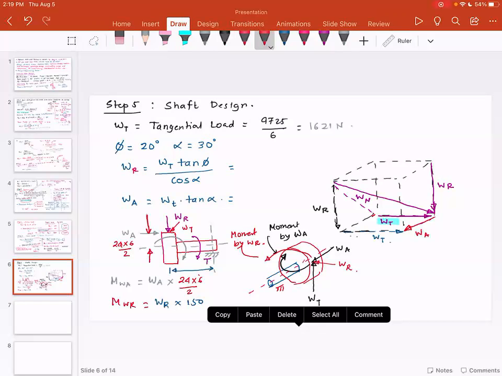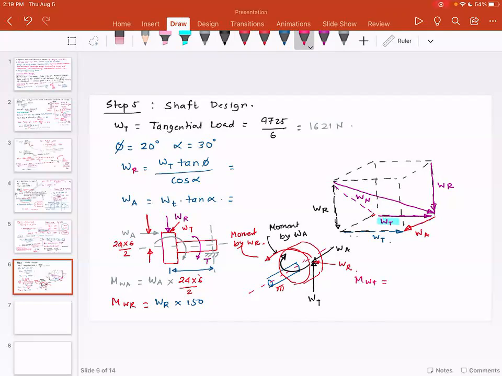And as you can see, Wt is going to give you the moment equal to Wt multiplied by 150. So basically, the moment will be something like this.